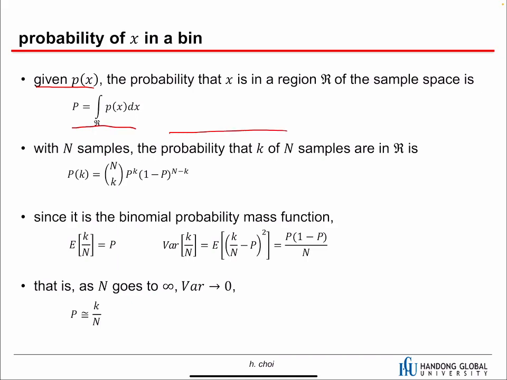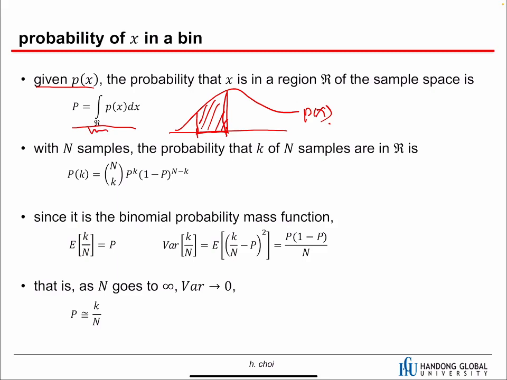Let's assume that we have P of x here, and then we have a region here. The probability that x is in this region is actually this area, and this area can be calculated by this integral.